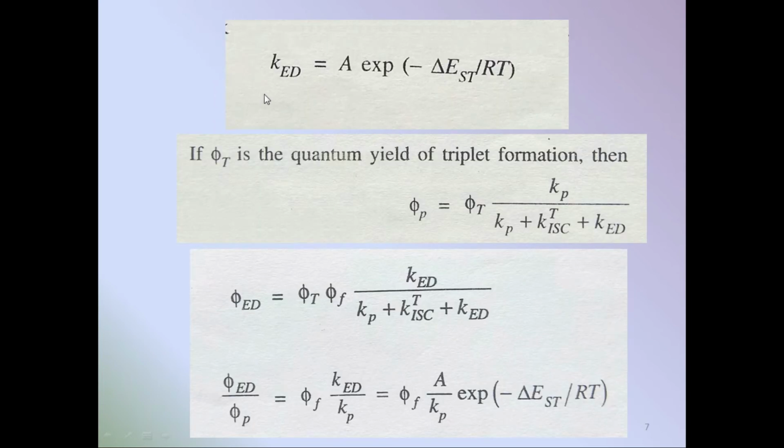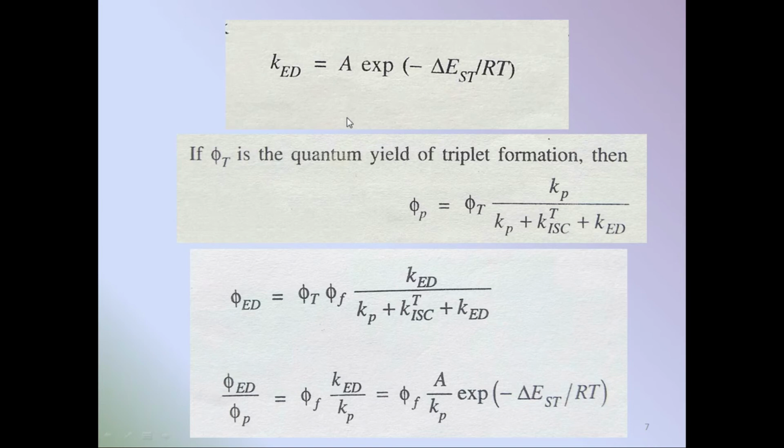The rate constant KED, the rate constant of E-type delayed fluorescence, is temperature dependent. Thus it is expressed as shown in the first equation, KED equals A e raised to minus delta EST upon RT, where A is a frequency factor and delta EST is the activation energy, that is the energy difference between the singlet and triplet states.